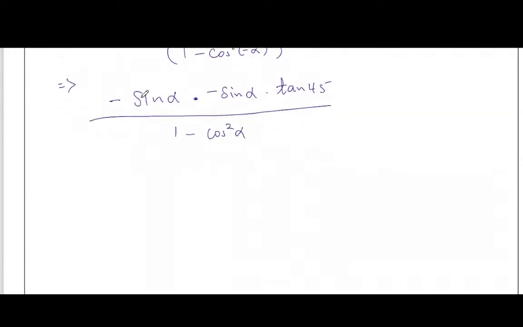Okay, then I can simplify what is on top. You know that a negative and negative will give me a positive because I'm multiplying. So that's positive sine squared alpha times the 1, because tan of 45 is a 1.